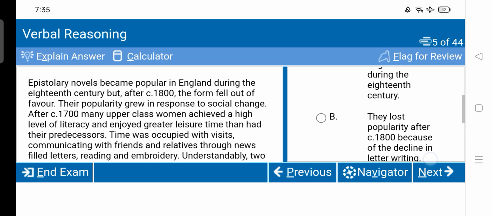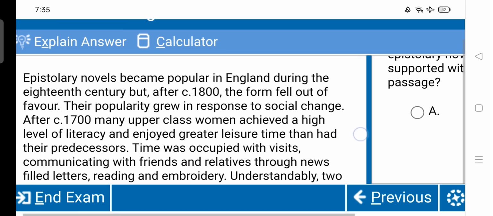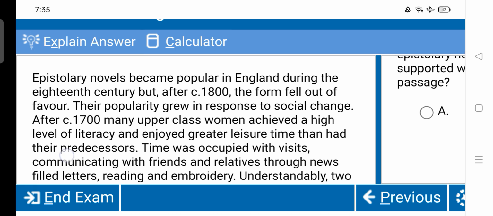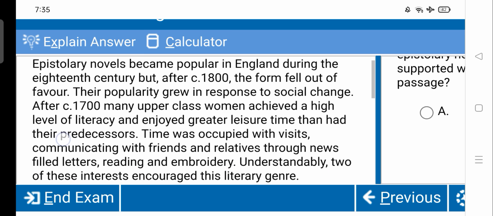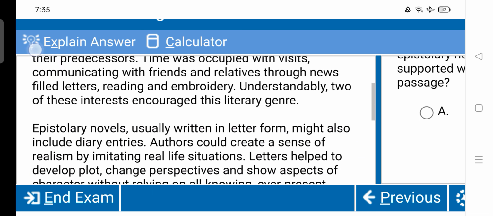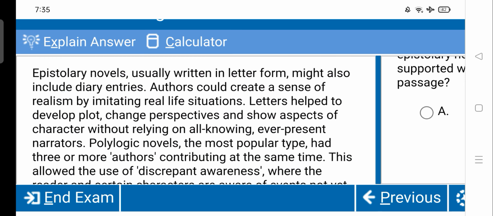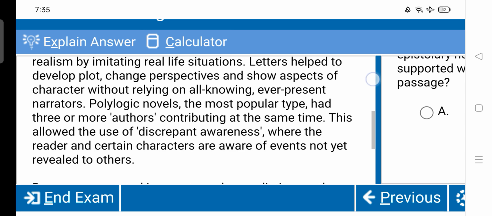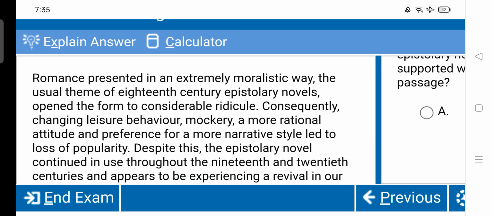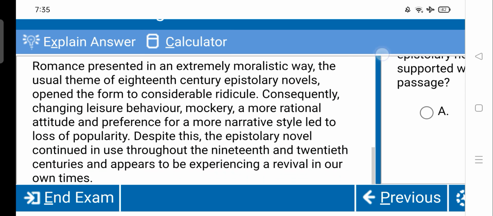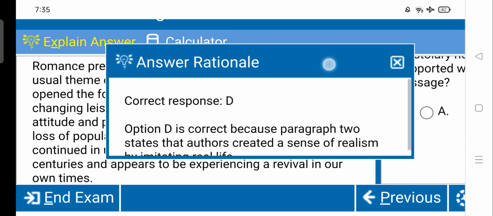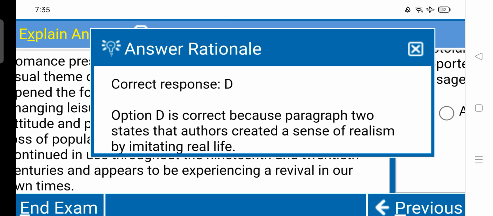So here we have these 4 options, and here we have a different passage for this question about the epistolary novels. So here we have option D is correct because paragraph 2 states that the author created a sense of realism by imitating real life.